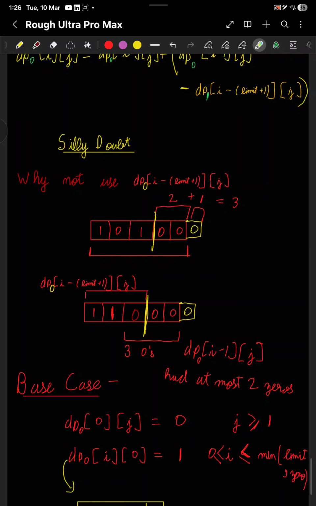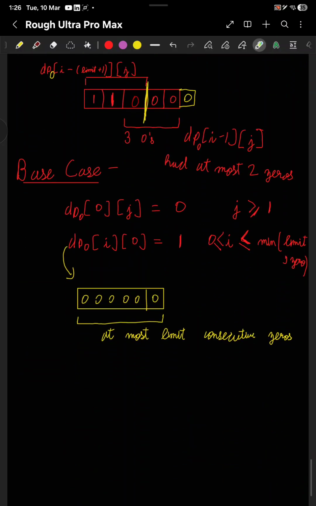Now I assume that everyone has understood this part. So let's move on to our base case. Since our dp transition depends on the i minus 1th state, or in case of dp of 1, it depends on the j minus 1th state, we would start our transition from i equals 1 and j equals 1.